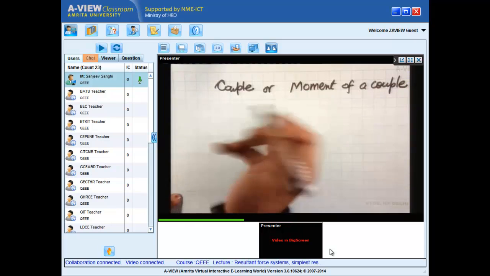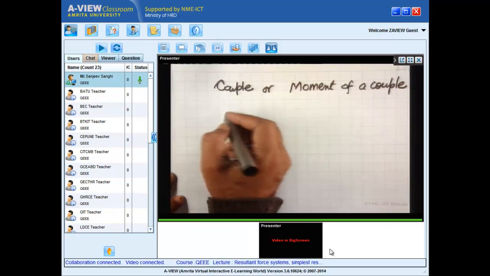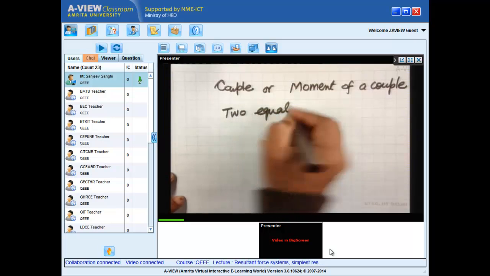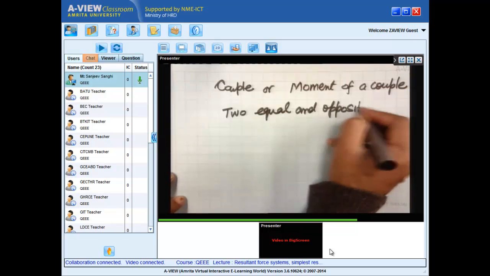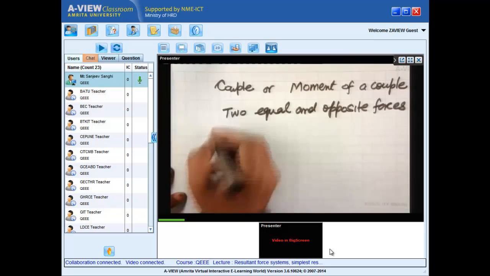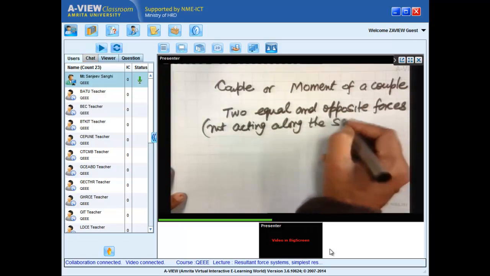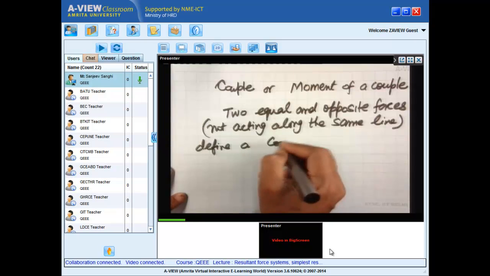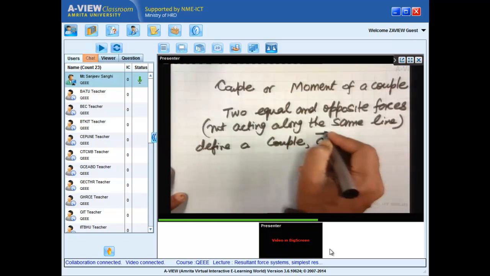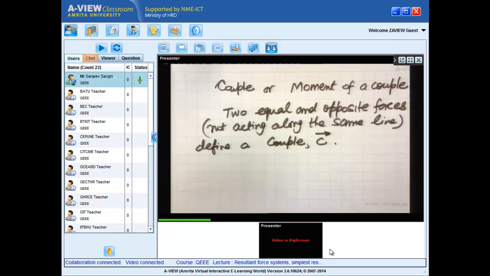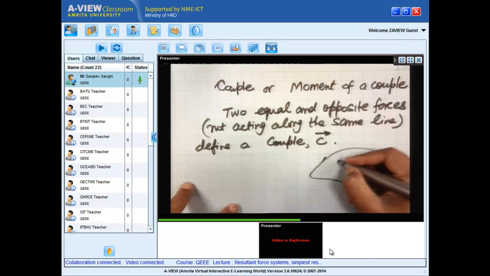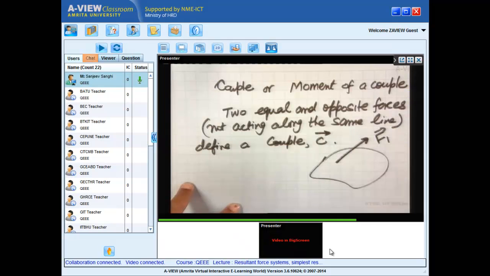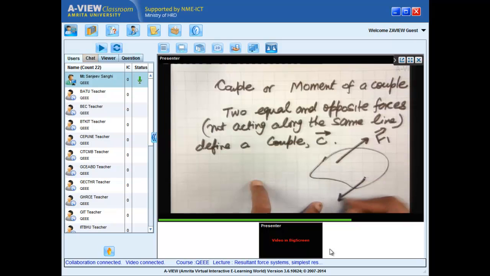Now what we know, or you may have seen this in your high school also, is that two equal and opposite forces not acting along the same line define a couple, let's call it C. So suppose we have a rigid body on which a force F1 is acting, and at some other point a force equal to minus F1 is acting.